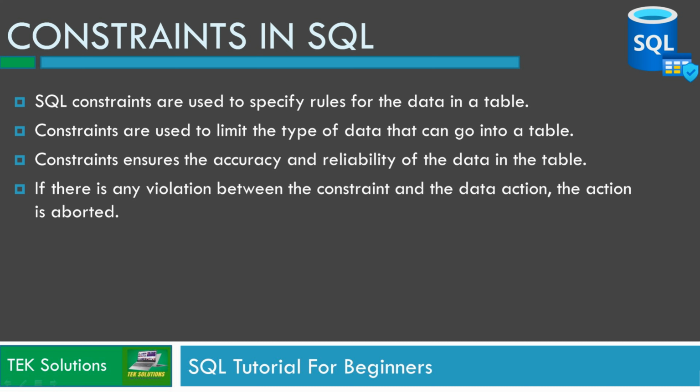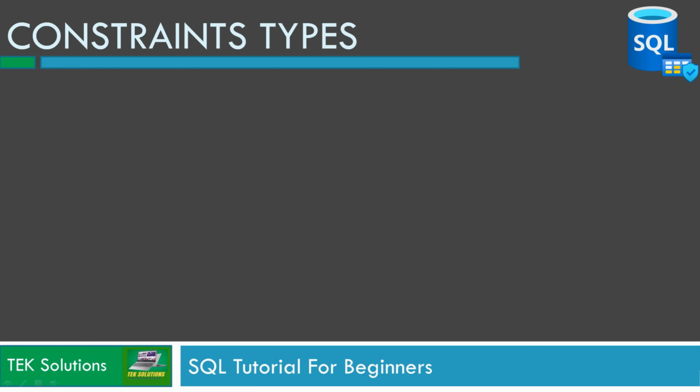Let's take an example: you want to enter a particular set of values only in a particular column. In that case, you can apply a constraint while you are creating the table for that particular column. So you can apply a check constraint on that. It is one of the types of constraints. So let's see the types of constraints.